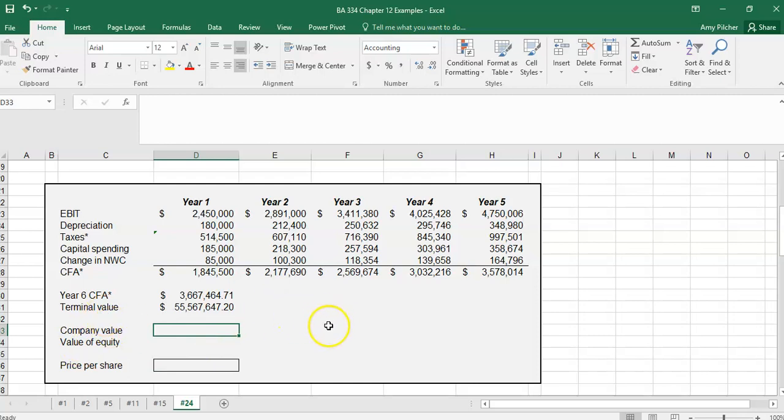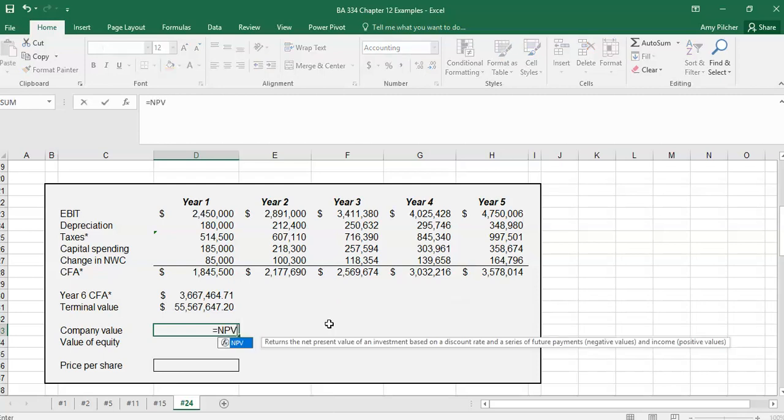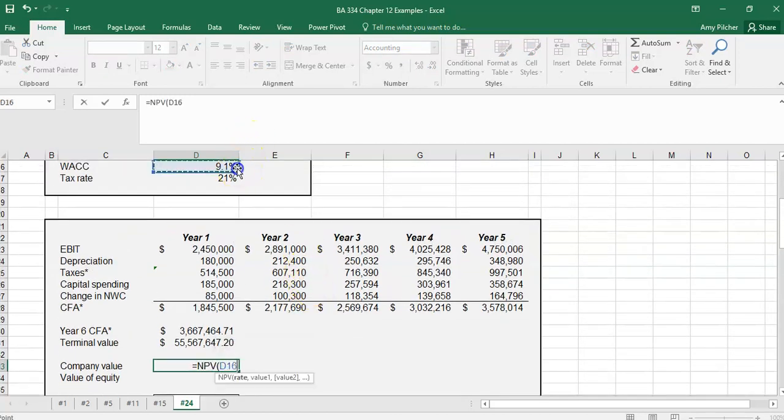Our company value is the net present value of these years. So we're going to do the net present value. Our rate is weighted average cost of capital. And then we're going to pick each of these cash flows.